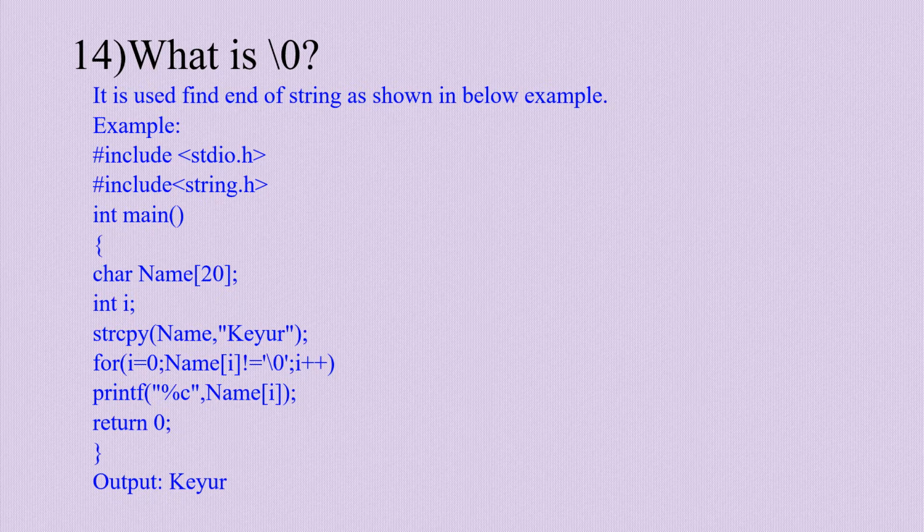So this is how we can print the characters in a string, and we will always be searching for the slash 0. Once you find the slash 0, it means that we have reached the end of the string.